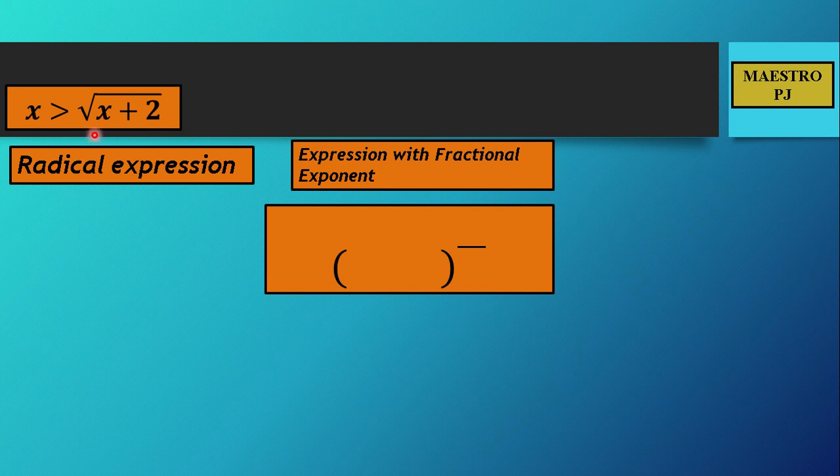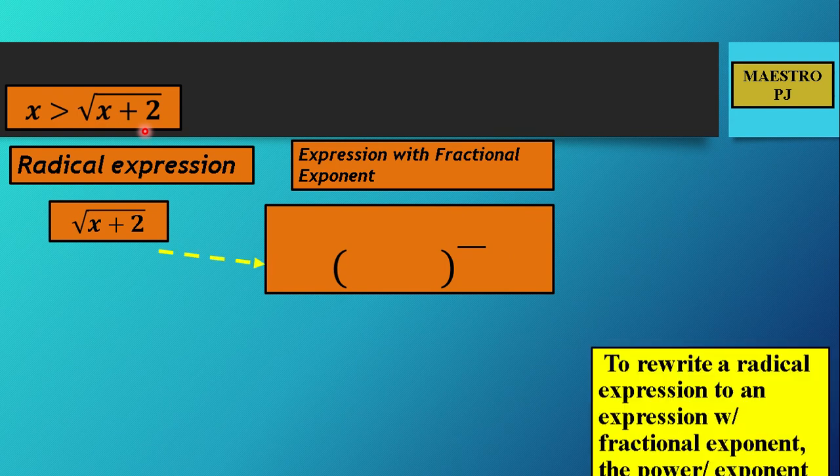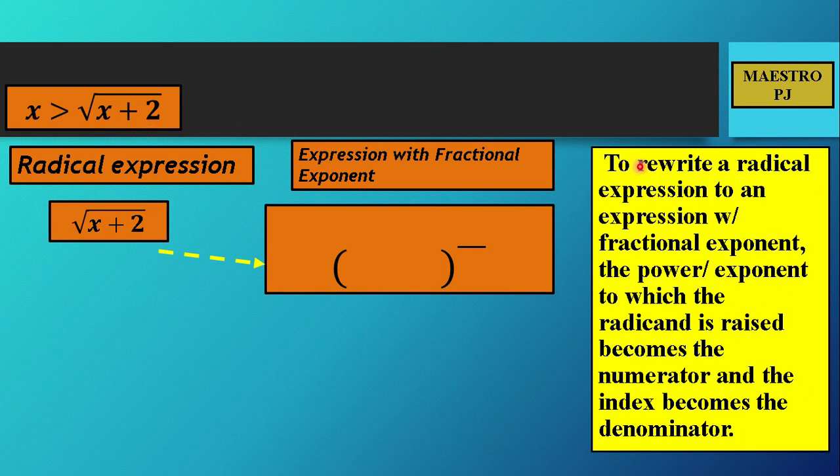So, itong square root of x plus 2 ay radical expression. Ngayon po, to rewrite a radical expression to an expression with fractional exponent, the power or the exponent to which the radicand is raised becomes the numerator and the index becomes the denominator.